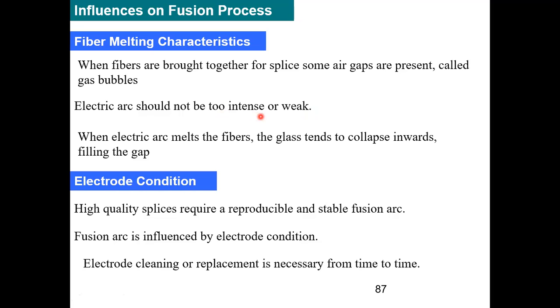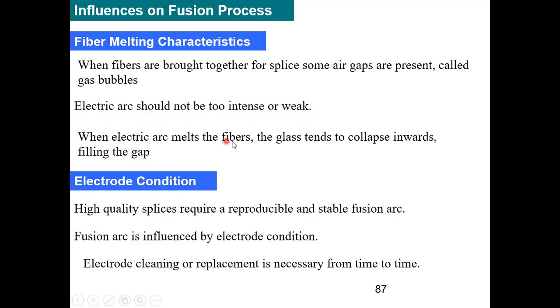If it is weak, the fiber will not melt, and it is not possible to join those two fibers. So we should take care of the heat generated by the electric arc, neither too much nor too weak.